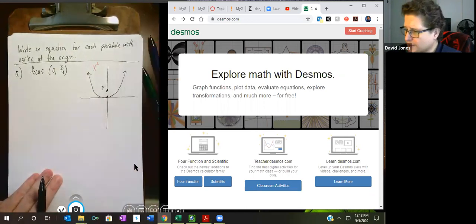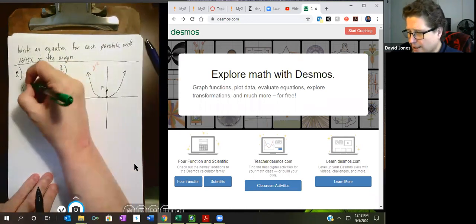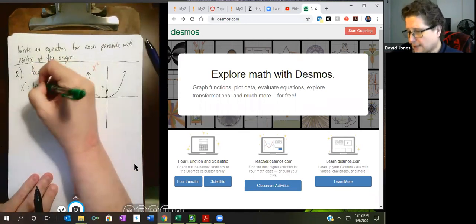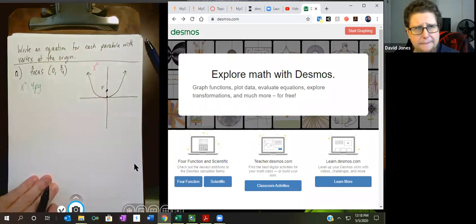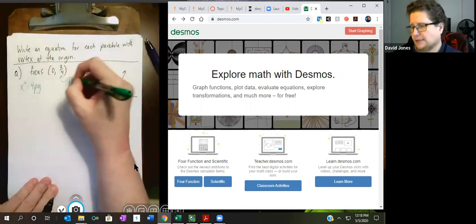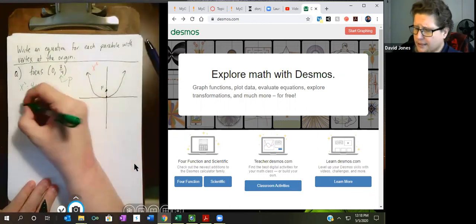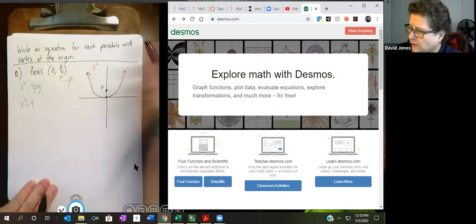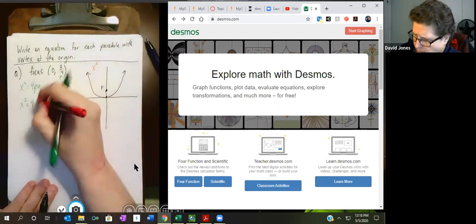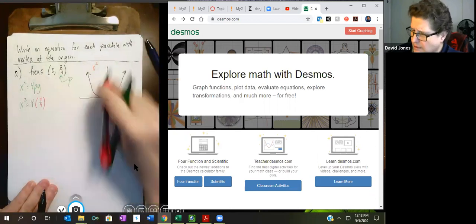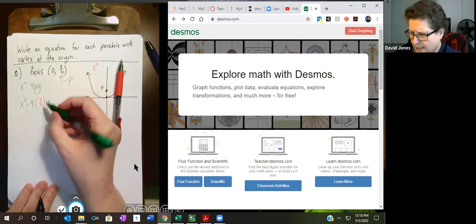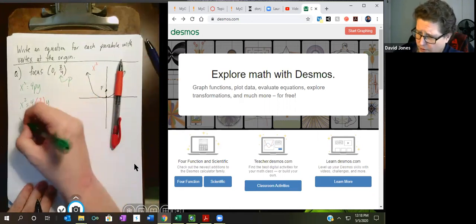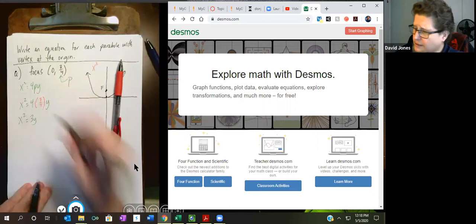So we're looking for something like x squared equals 4py. Where is p? Well, this was p. So let's just put that in. The 4's cancel and I get x squared equals 3y.